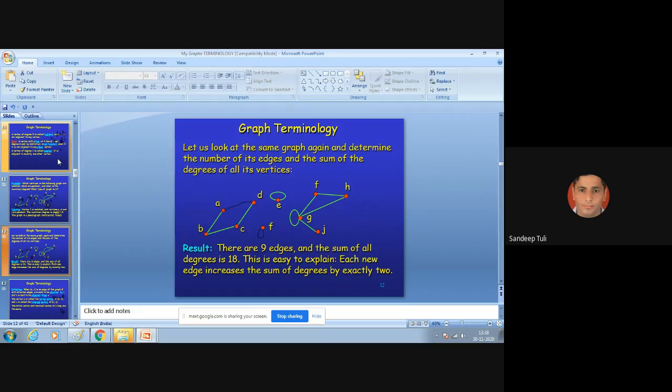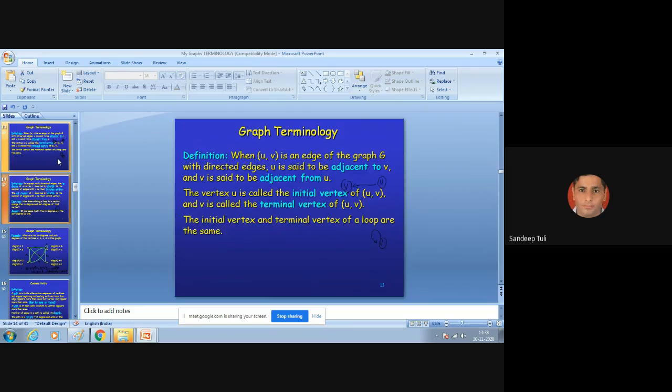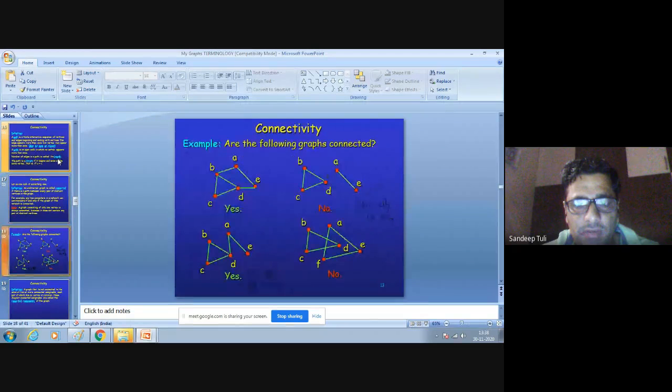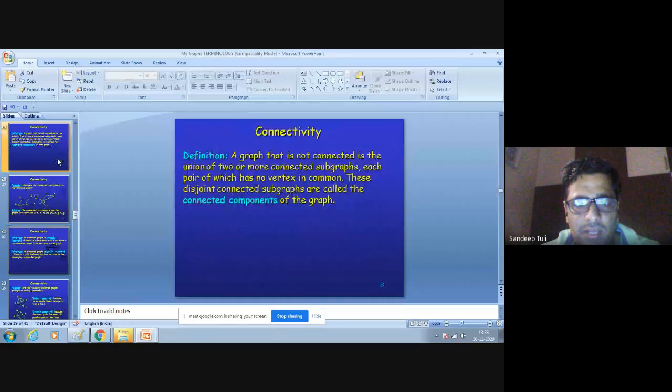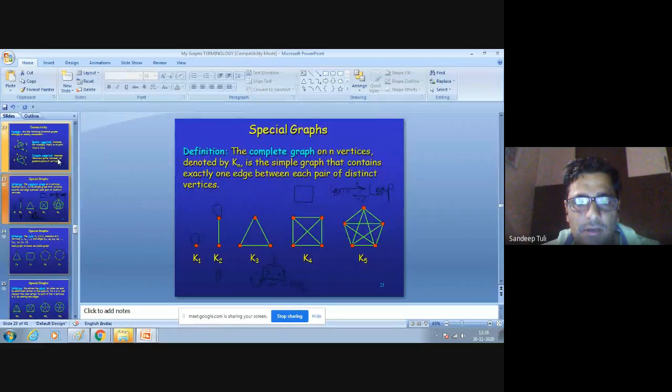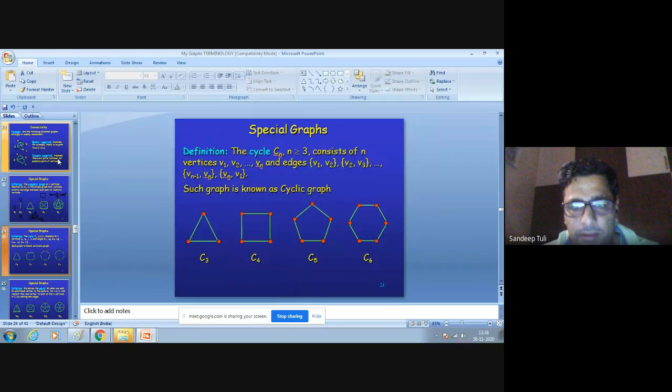Then we have also seen the degree of a specific vertex in the graph. We have also learned about connectivity, strongly connected and weakly connected components of graphs. And we have started some special graphs, and I think we have covered the complete graph.